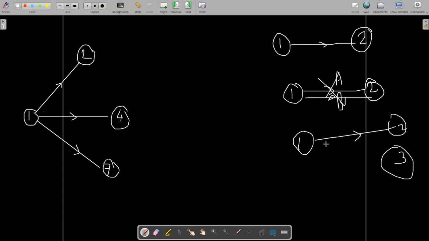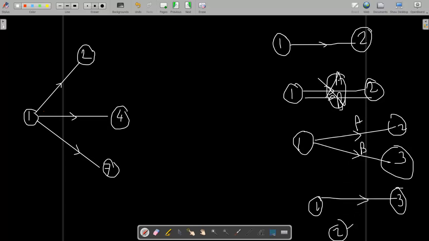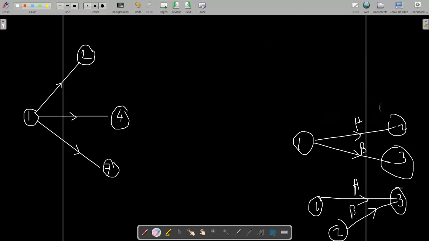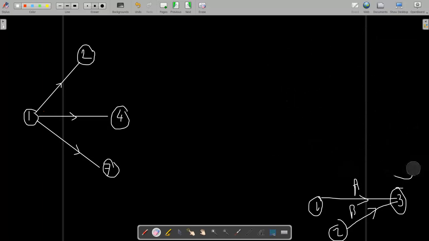They may have a common source, but they should have different destinations, otherwise it is wrong. Activities may have the same destination, but they should be from different sources. So these are the general rules. Keeping that in mind, we have to draw the network diagram.